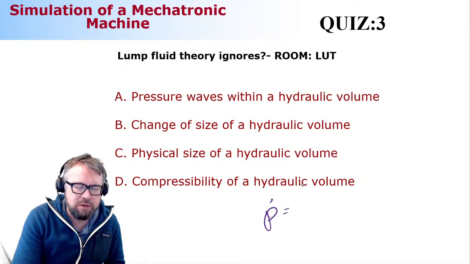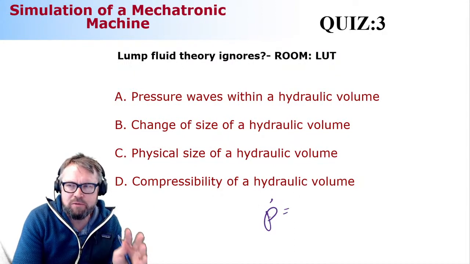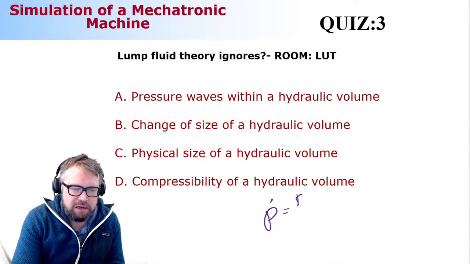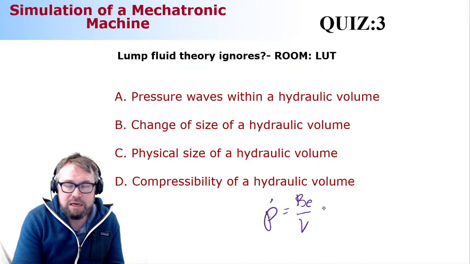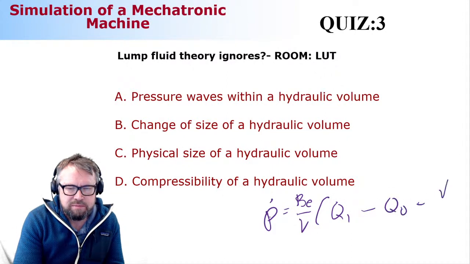This was an equation based on this lumped fluid theory. So take a look at these components and think about whether each is there or not. And if it is there, then it's accounted for.